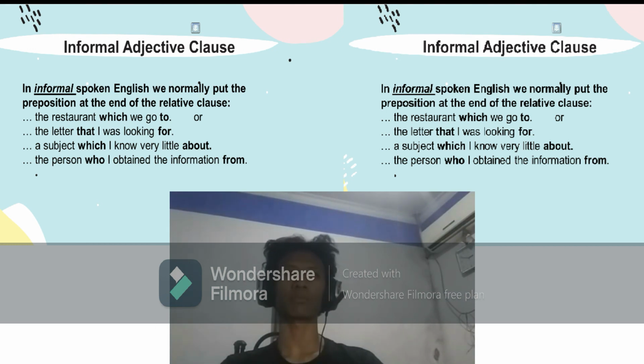It's informal, and the formal one is, I remember the man whom I accidentally hugged yesterday. Like what I said before, that was used for informal situations like everyday conversation.